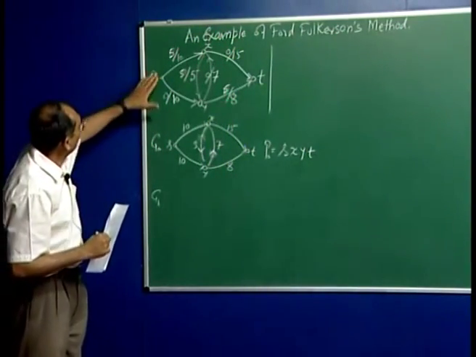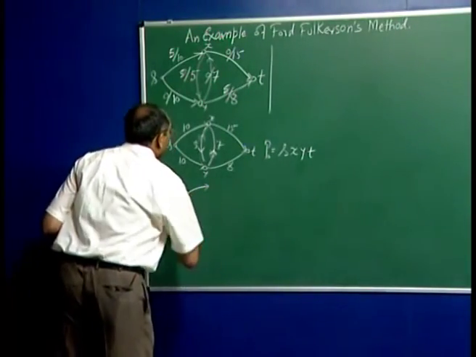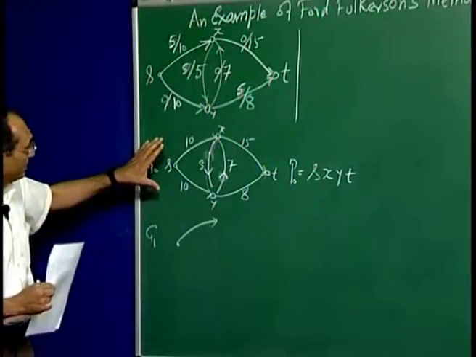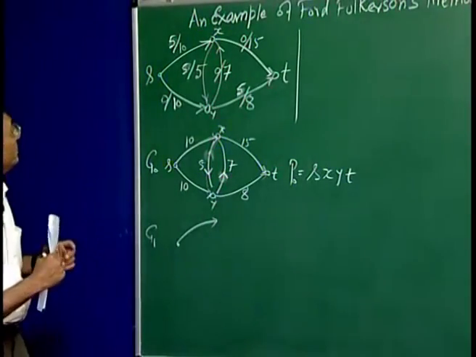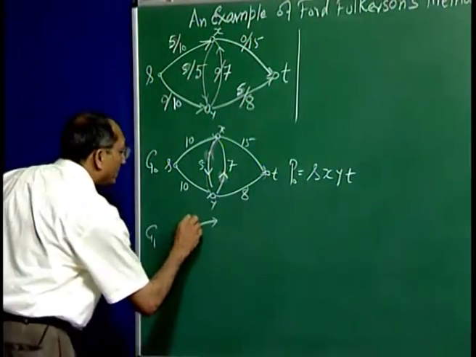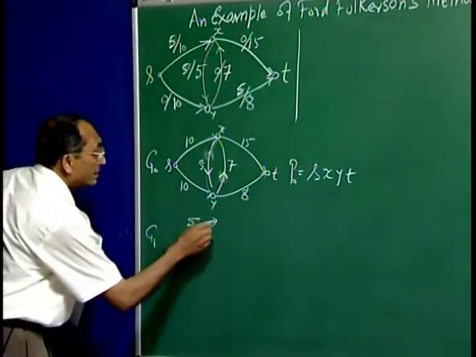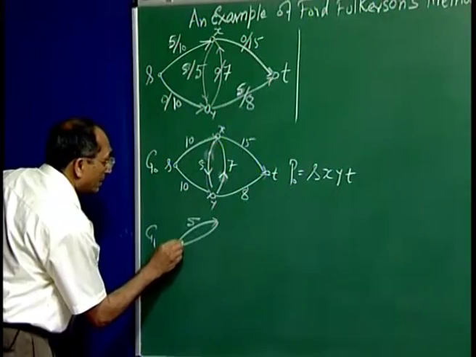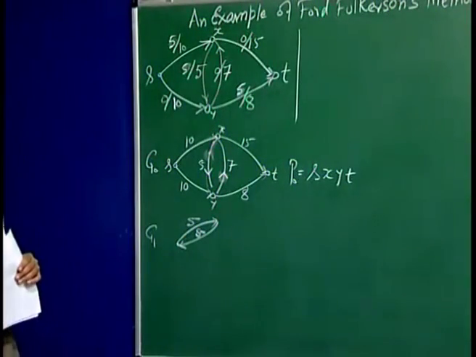So the edges of the residual graph, I will still have an edge with 5 units this way, but I will have a reverse edge also 5.